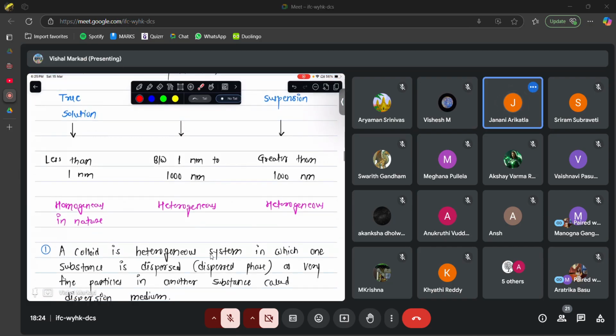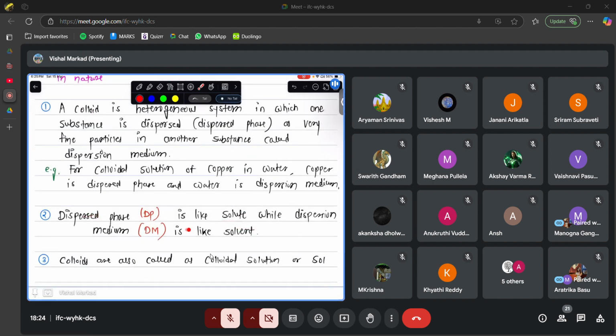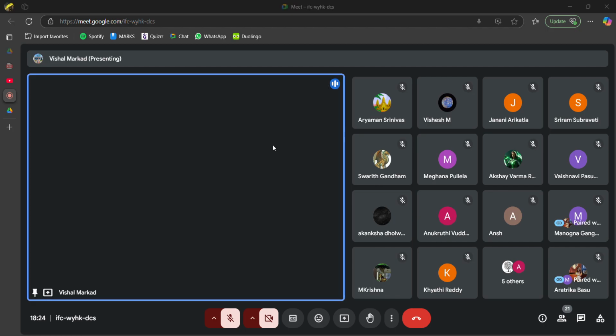Yes, sir. We can compare this with solution: the dispersed phase is like solute, while the dispersion medium is like solvent. Colloids are also called colloidal solution, or sol.